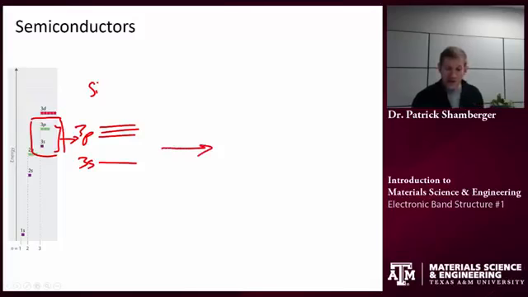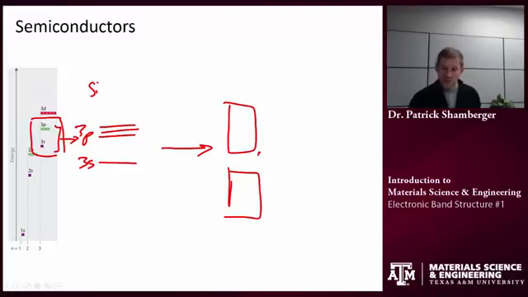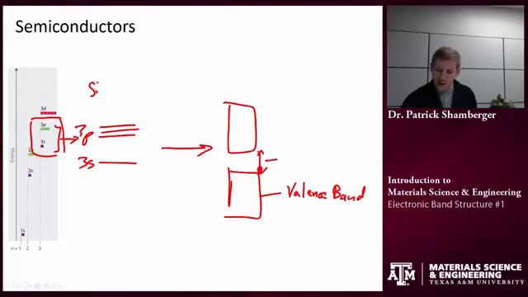When I combine together many, many atoms, these are going to all mix together, but the result actually gives me 2 continuous bands with a small separation in between. In a semiconductor, I would call this the valence band. I would call this the band gap, and oftentimes we abbreviate that E sub G, band gap.